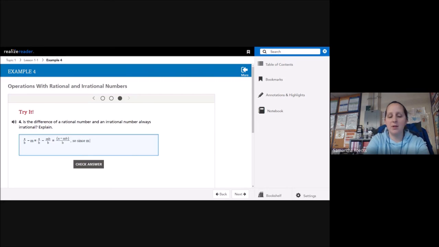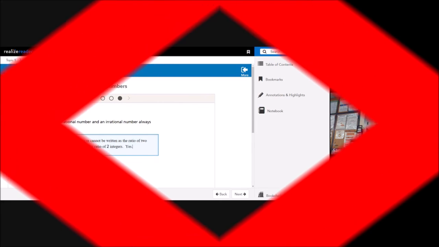So since m cannot be written as the ratio of two integers, a minus bm also cannot be written as the ratio of two integers. So all in all, my answer is yes. The difference between a rational number and an irrational number is always irrational.